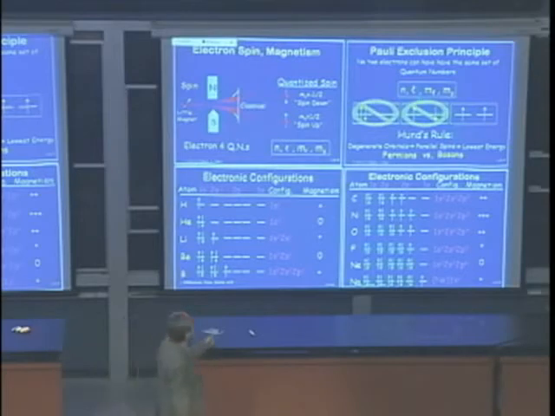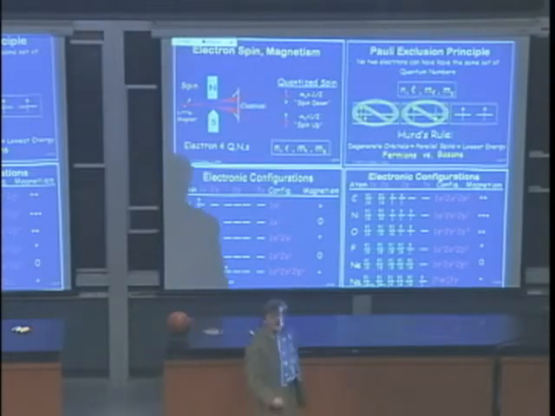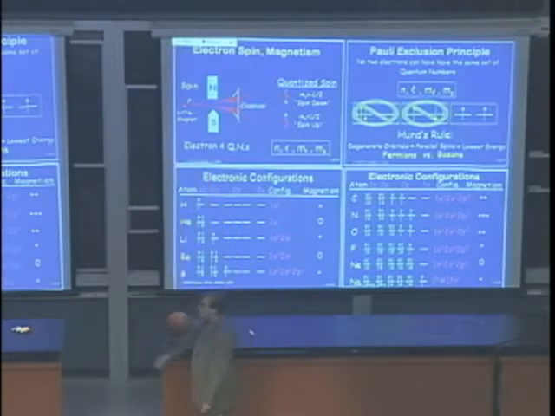Becomes clearer when you have n equals 2, then L equals 1. What kind of orbitals are those? P orbitals, okay. Now you have m sub L that can be minus 1, 0, and plus 1, so you have 3 p orbitals. And each p orbital can have how many electrons? 2, plus 1/2, minus 1/2, all right?